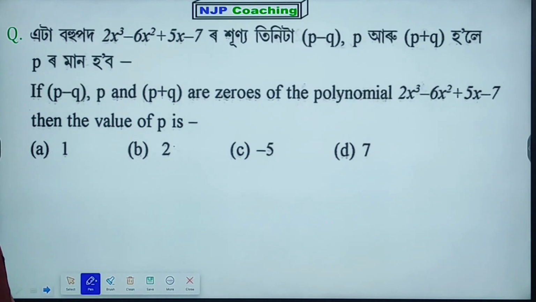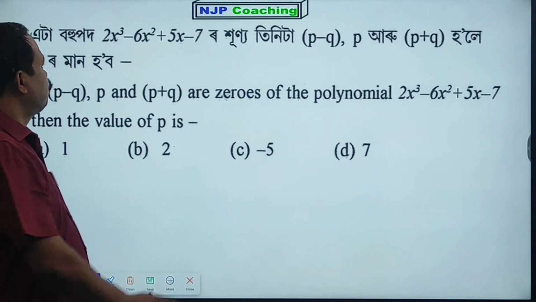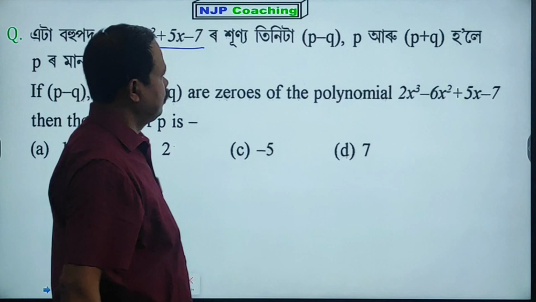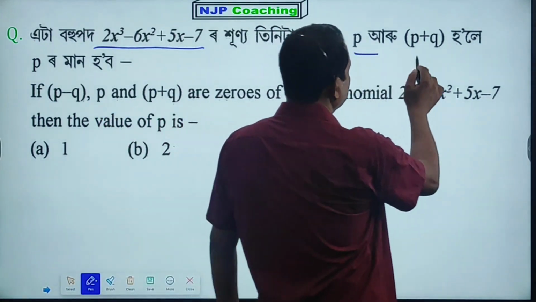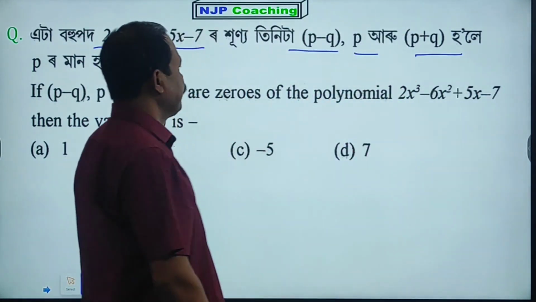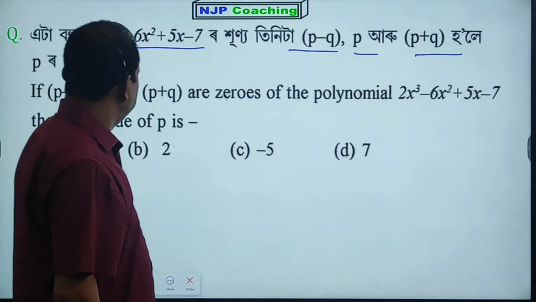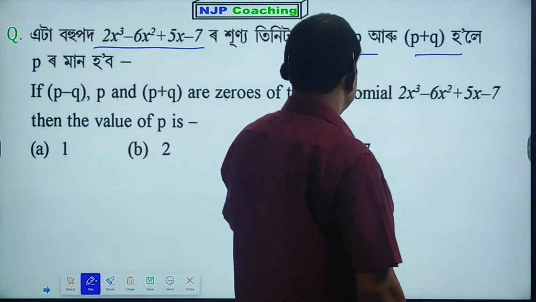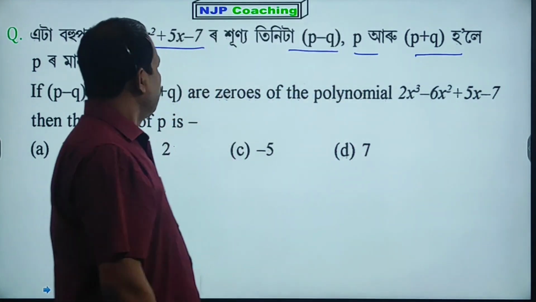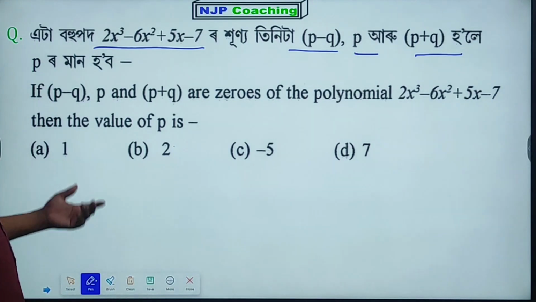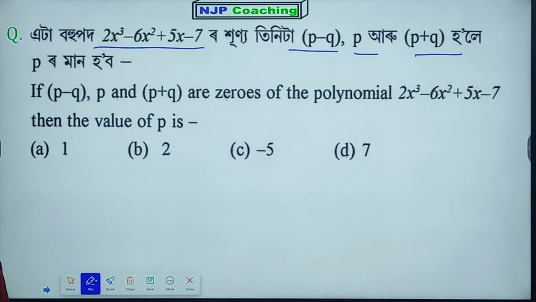Yeah, next. This is a cubic polynomial and three zeros are p minus q, p, p plus q. We have to find the value of p.